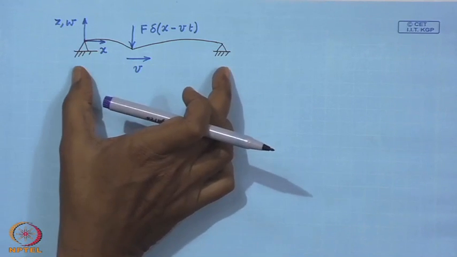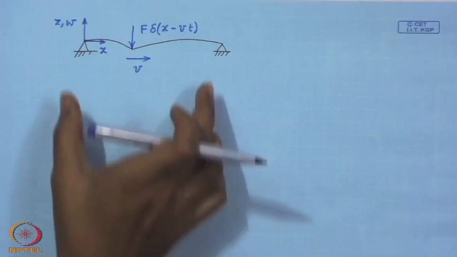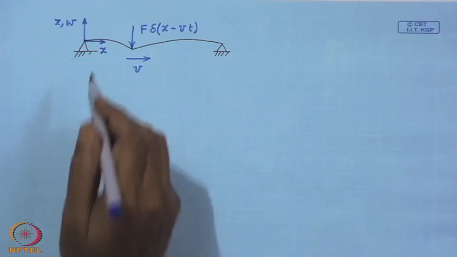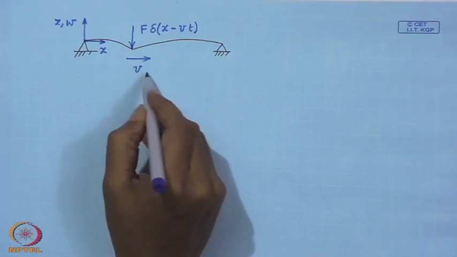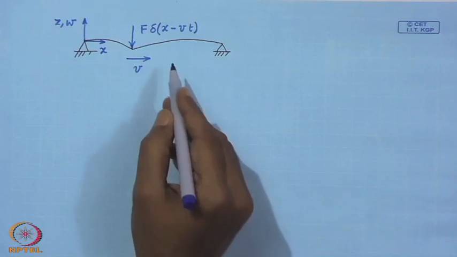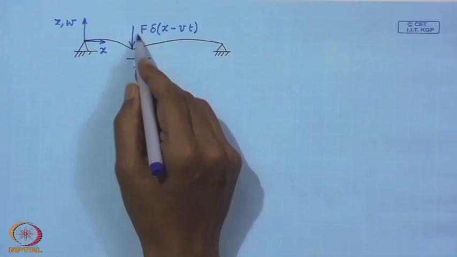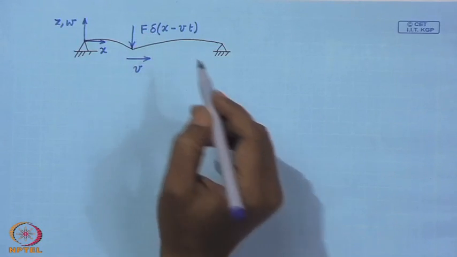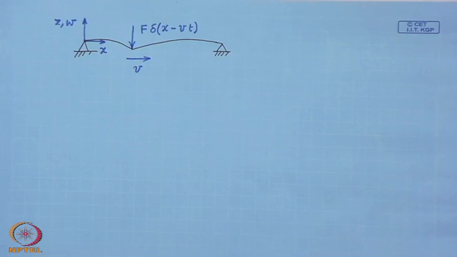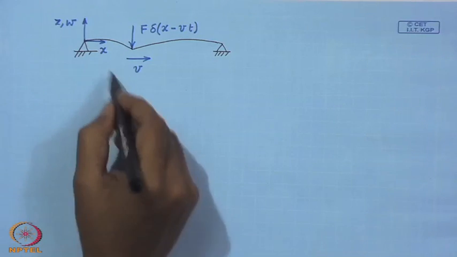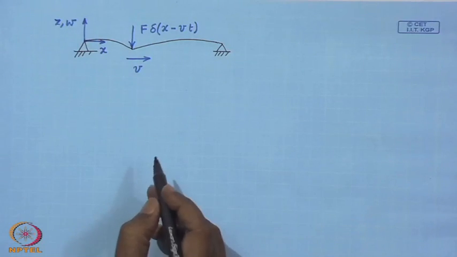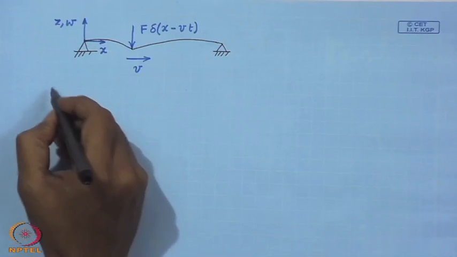We have a taut string on which there is a concentrated force which is travelling at a speed v. So, this F is a constant. So, let me write down the mathematical formulation of this problem.